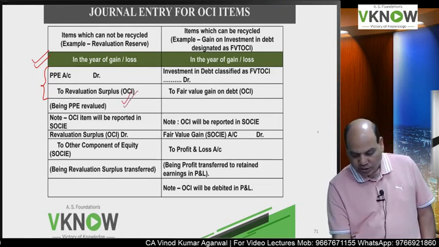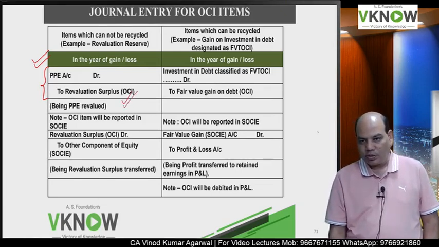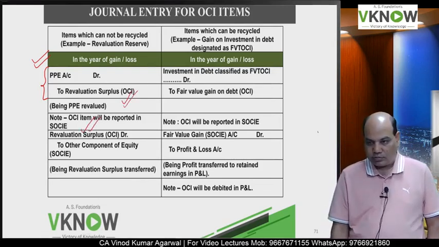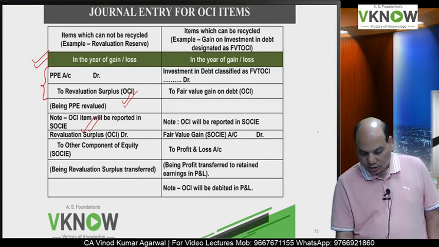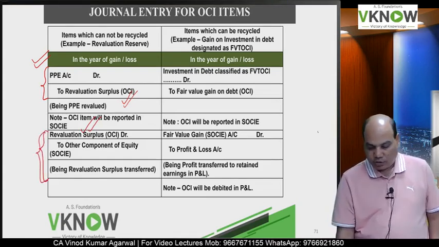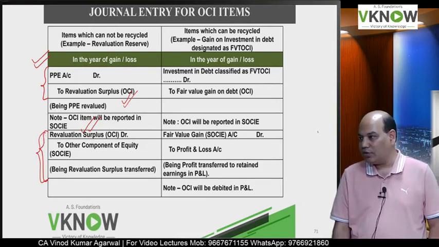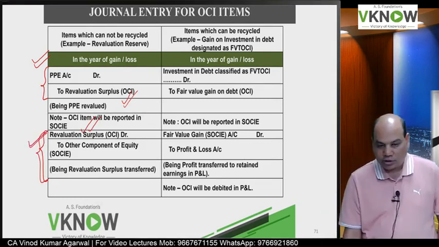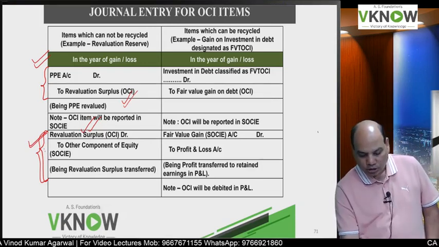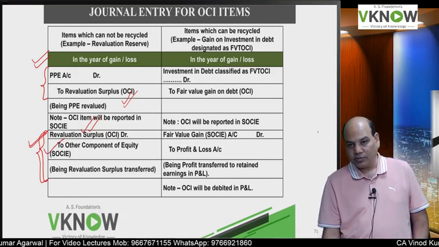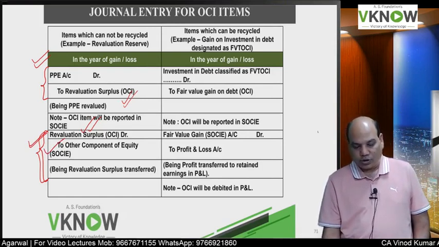This I am going to present in OCI, and also in SOCIE. In the year in which the PPE is sold or derecognized, I will transfer from revaluation reserve to other component of equity, which we did in question number 3, being revaluation surplus transferred.